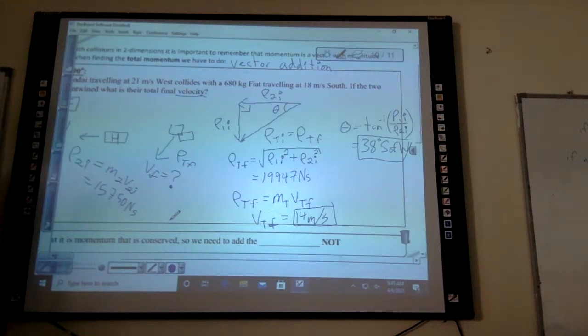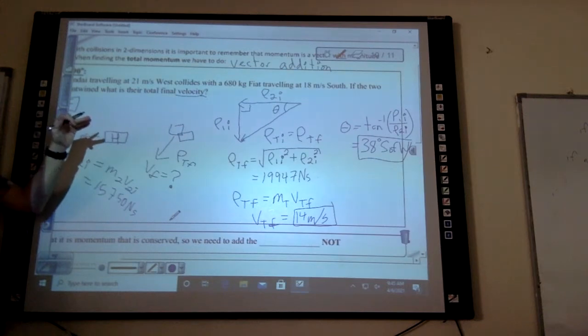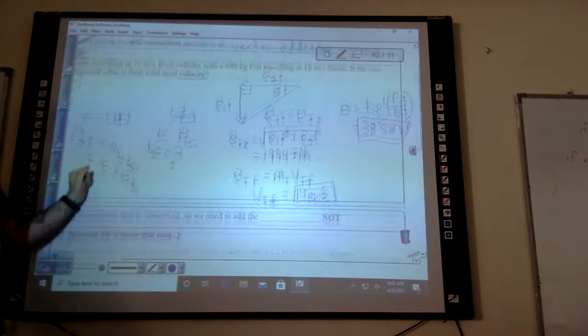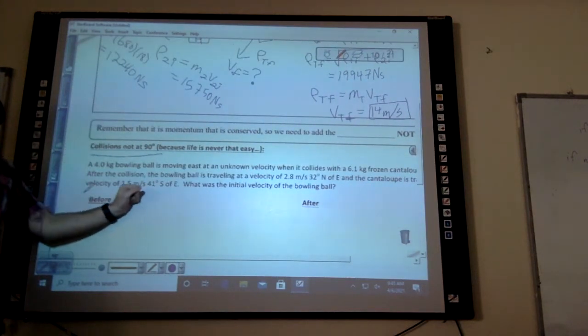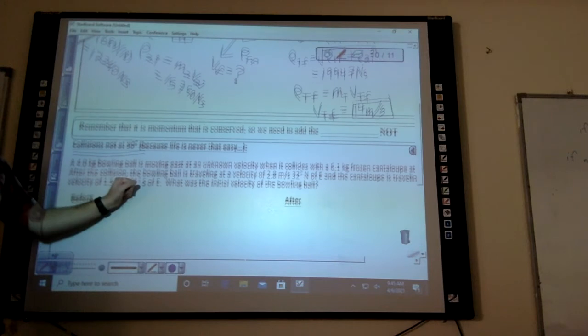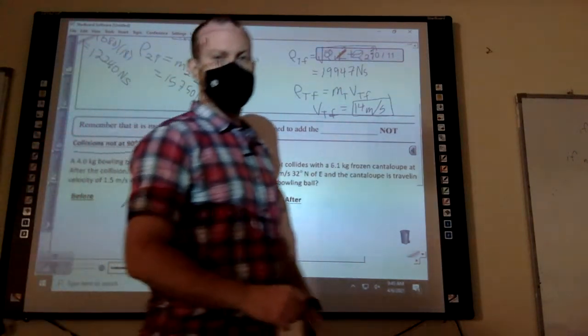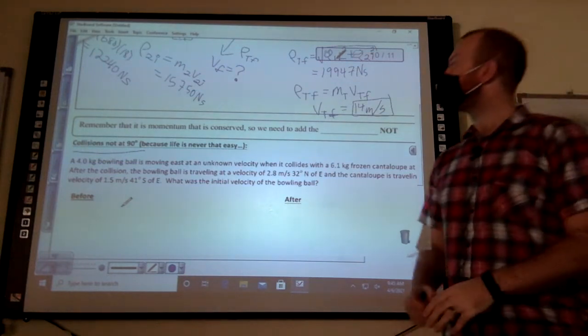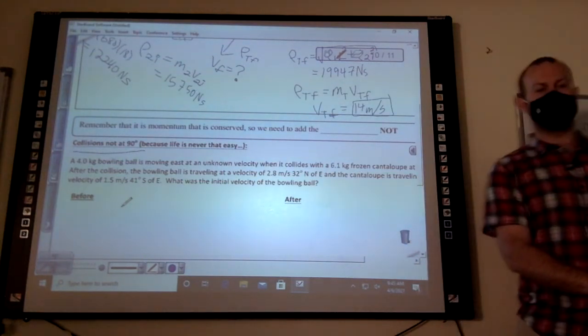So I'm taking two things that you've seen before and squishing them together. I'm taking conservation of momentum, you've seen it before, and combining that with all the vector addition we've done before. So you're starting to get to recognize, basically I am taking last year and adding a bunch of triangles.